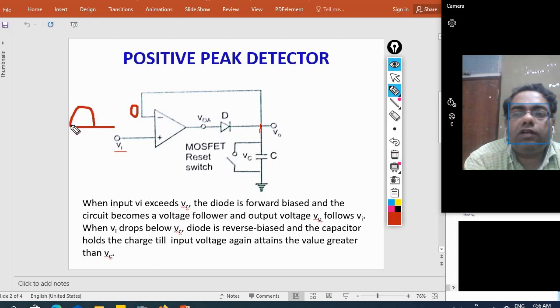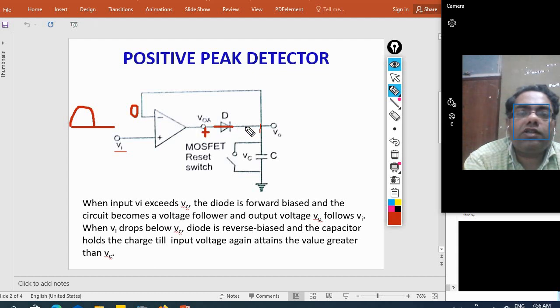So when the input voltage becomes slightly positive, then the output is positive, and it is sufficiently positive to make this diode on. So this diode becomes on, and in the on condition we can approximate it to be a short circuit.